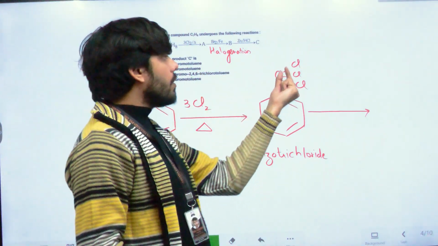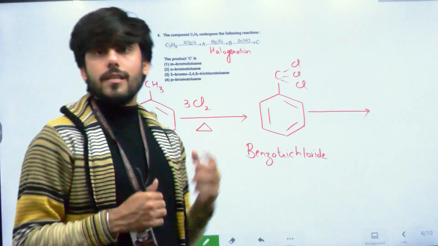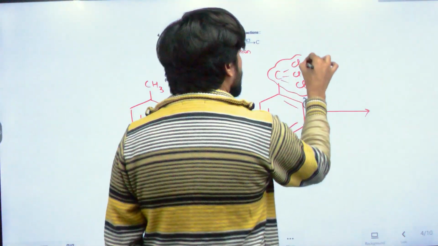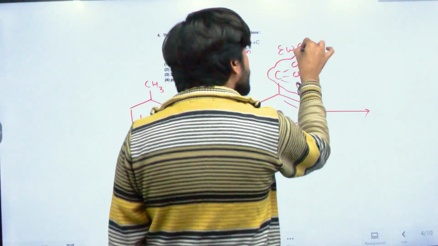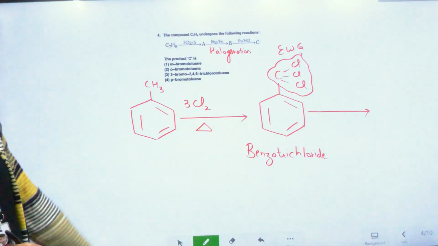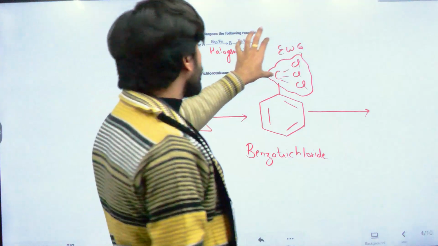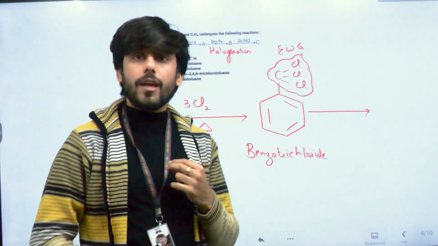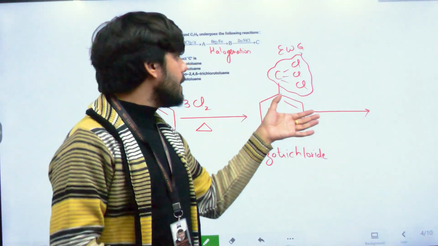But now I have got this C with CCl3 group. Now this group is highly deactivating. This is now an electron withdrawing group, and if it is electron withdrawing group, it is decreasing the electron density of this benzene ring. It is deactivating the benzene ring.